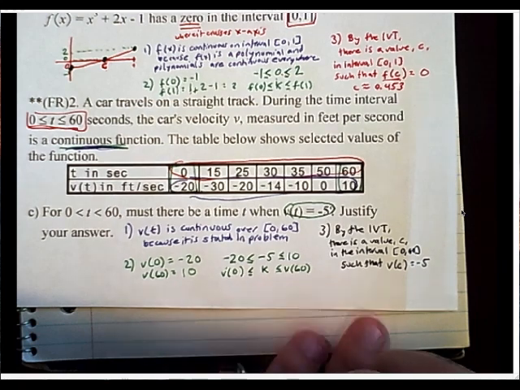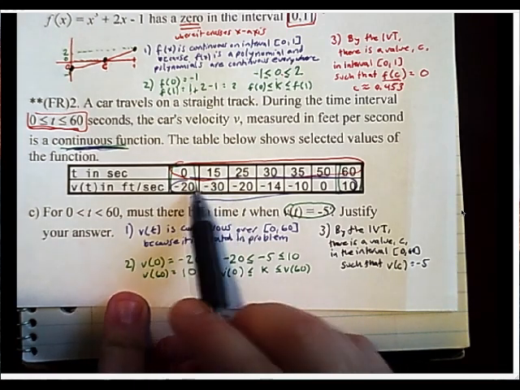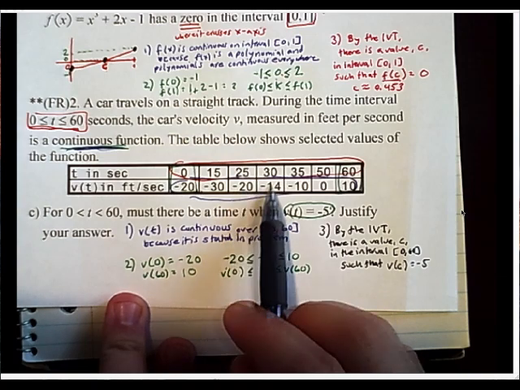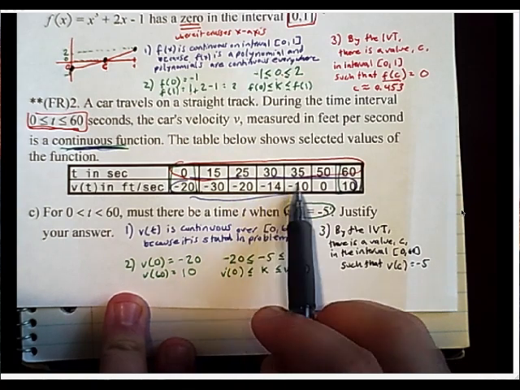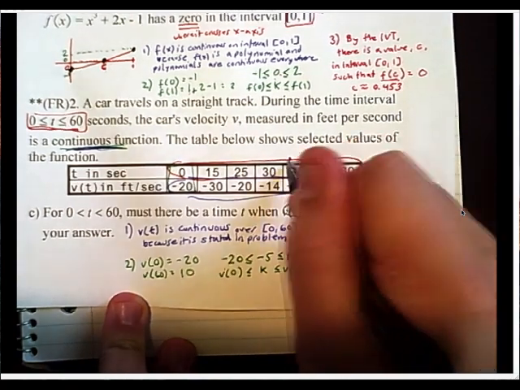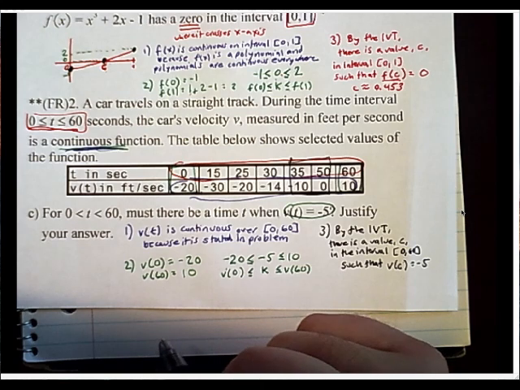And you could even narrow it down further than that. During what time period does it actually have to be? Is negative 5 between these two numbers? No. Between these two? No. Between these two? No. Between these two? No. But between these two values, negative 5 would exist. So I could have even narrowed it down further.